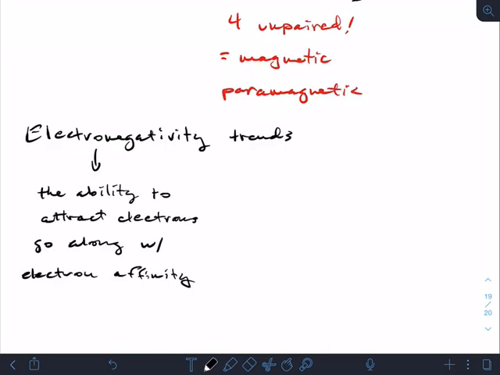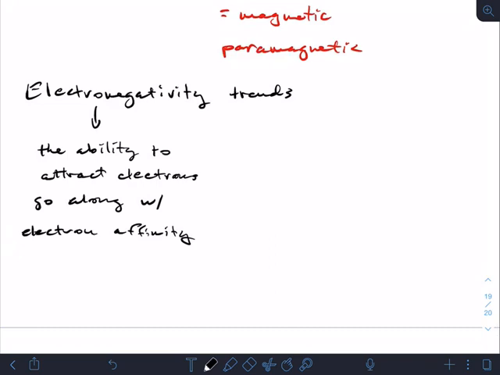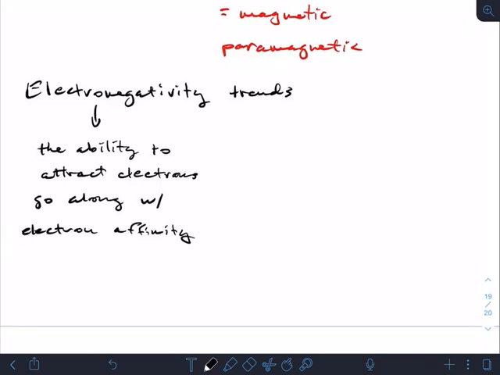Electron affinity and electronegativity are very, very subtly different, but in a very practical way, they're basically the same thing: the ability to attract electrons.